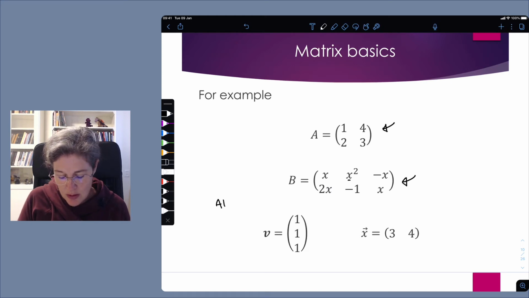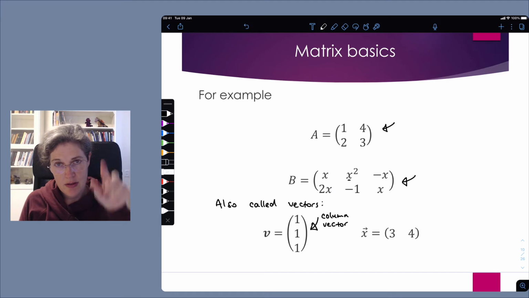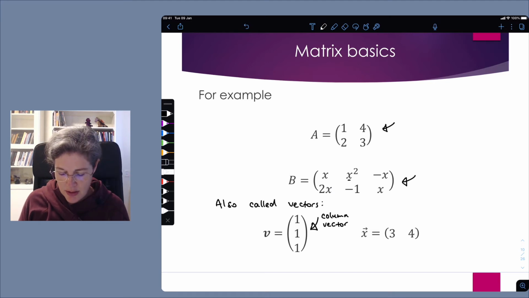So these are matrices, but we also call them vectors. You probably encountered vectors before if you did physics, which I know you did. We will refer to something like this as a column vector if we want to specify the fact that it has entries that go down, and over here we have a little row vector.